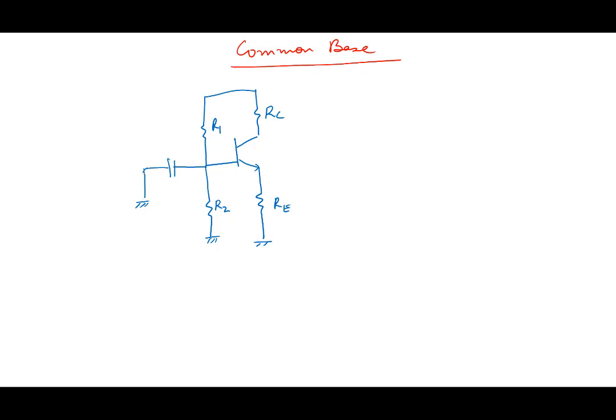You can see why later on we ground it here. VCC here, and in this case we apply the signal Vs at the emitter in the common base stage, and we take the output here, V0. This is a common base stage.